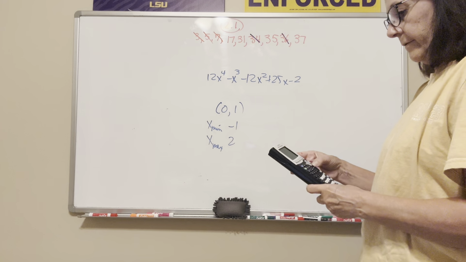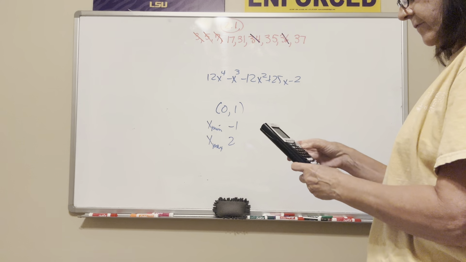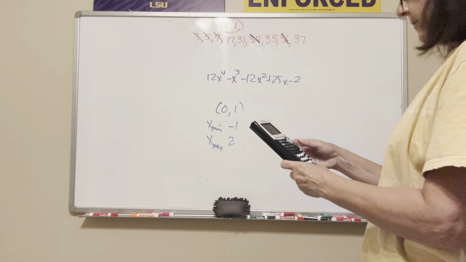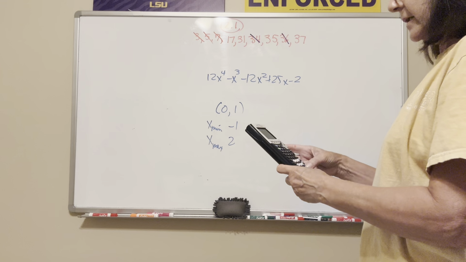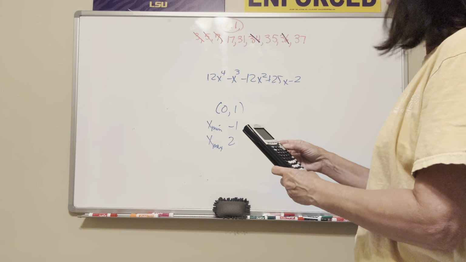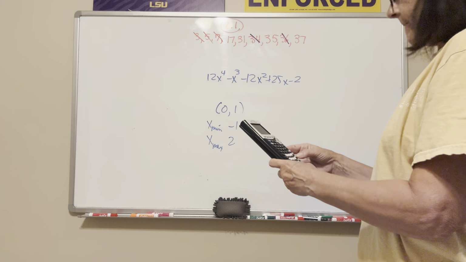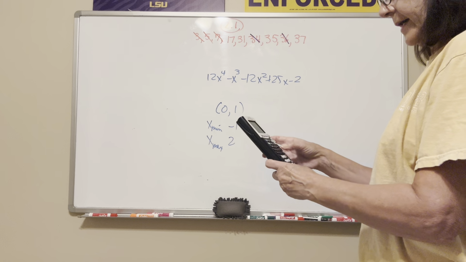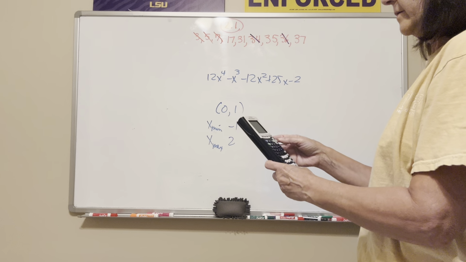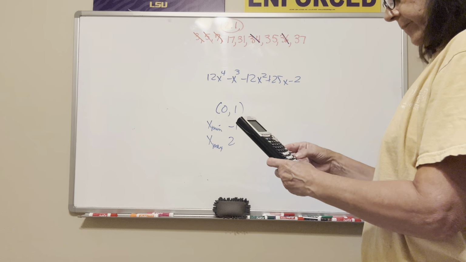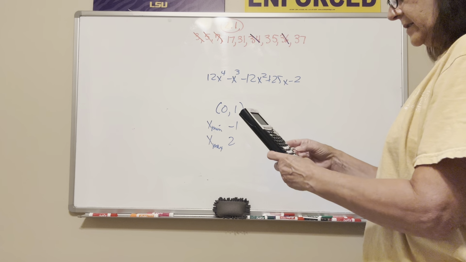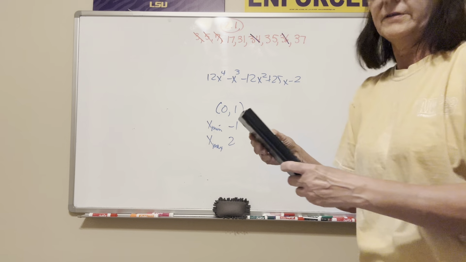Clearing out what's there. 12x to the 4th minus x cubed minus 12x squared plus 25x minus 2. I'm going to leave it the same.